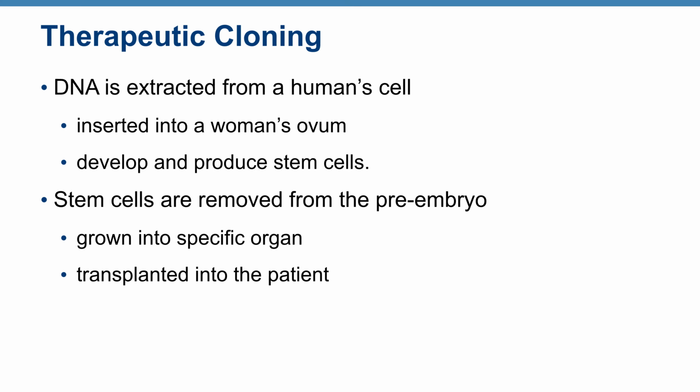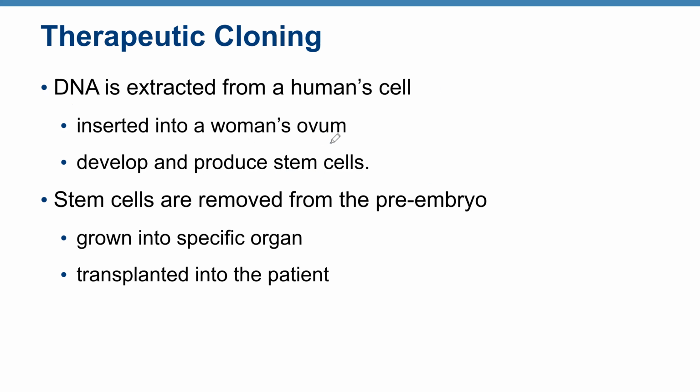DNA is extracted from a human cell. So this DNA is then inserted into a woman's ovum and develops and produces stem cells, right? So instead of collecting these stem cells, we can produce them if we use DNA from somatic cells and insert it into an egg of a female.